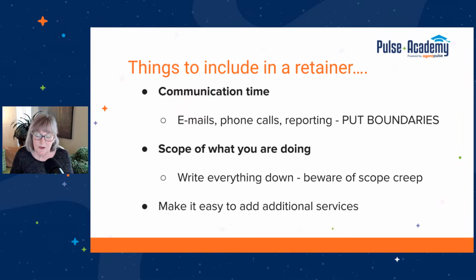You need to be very clear about the boundaries you've set up with a client in your proposal and your contract, so that when they start to creep out of the scope of what you've provided, you have a mechanism that you put into play. And it's very easy. You just go back to this calculator, put in the thing that they want you to do, and it will spit out the amount that you will charge extra for that. Super easy to do.